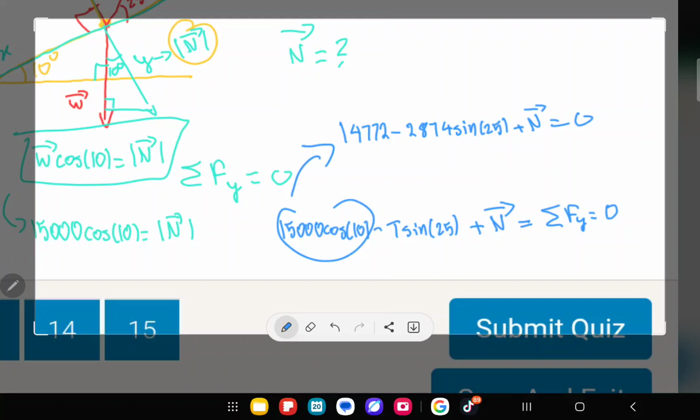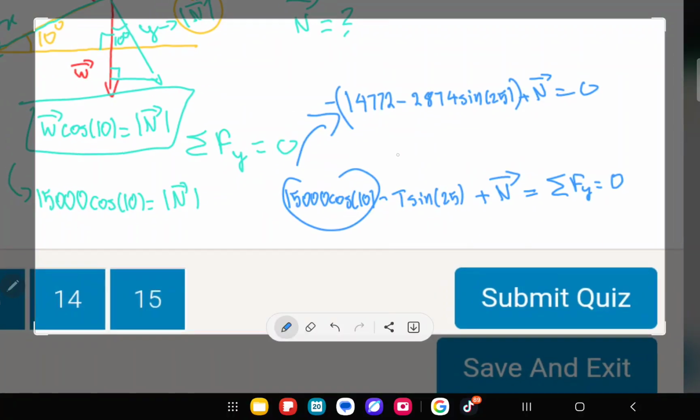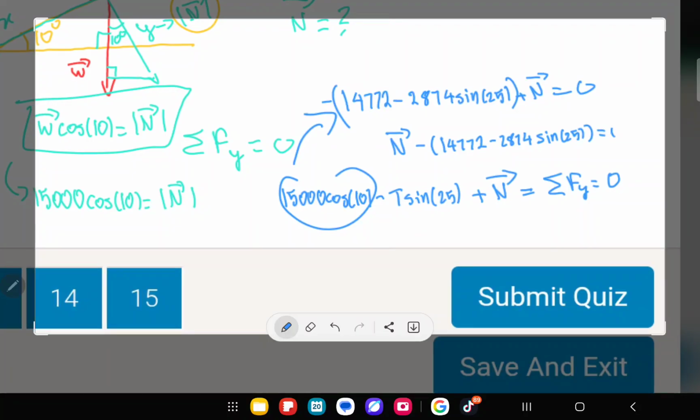We calculate, we get 14772 minus 2874 sine 25. Now over here, I will rewrite this, sorry. I was supposed to put multiply by minus, so instead it's supposed to be written like this. Minus 14772 minus 2874 sine 25 is equal to 0.